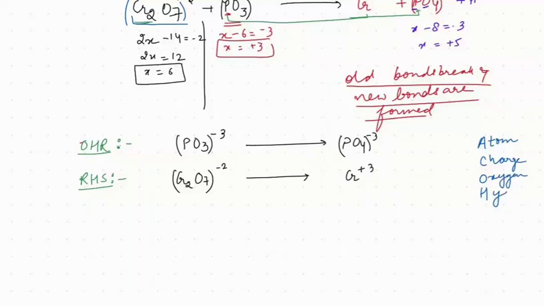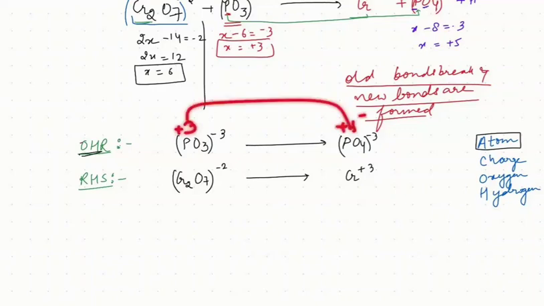Are you understanding? So when we are talking about atom, first you look into both the equations. Now, whose charge are you finding change in? In the oxidation half reaction, you are finding change in the charge of phosphorus from +3 to +5. So basically, the phosphorus atom is changing its charge, and there is only one phosphorus on both sides.